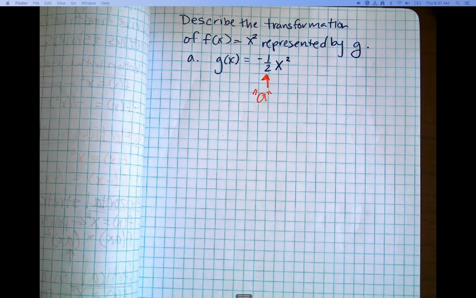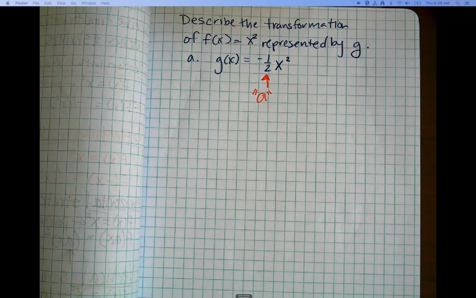And things you need to notice about A is if it's positive or negative, which is a reflection. And if it's greater than 1 or between 0 and 1.